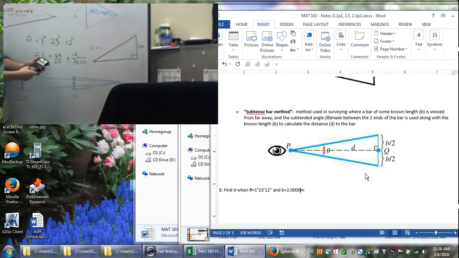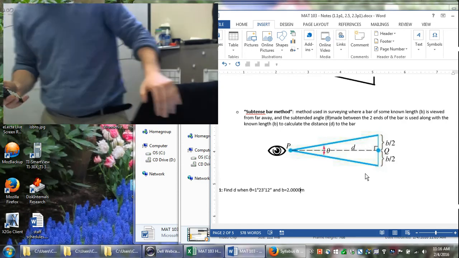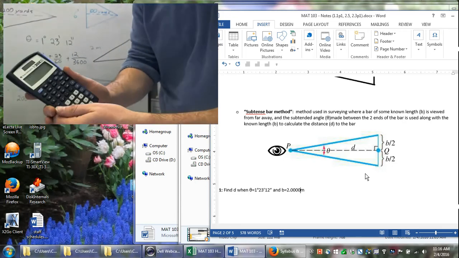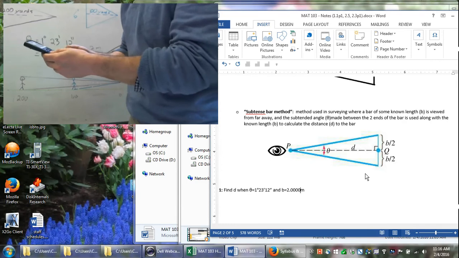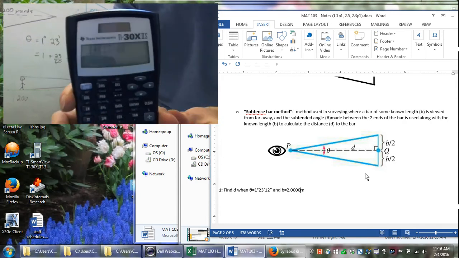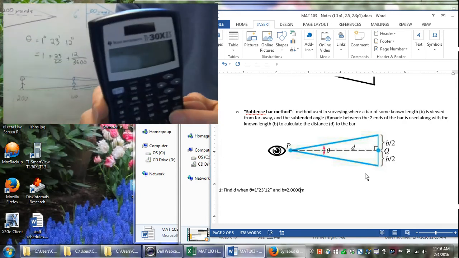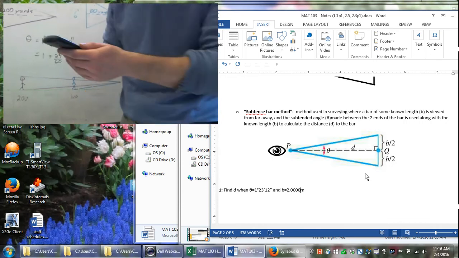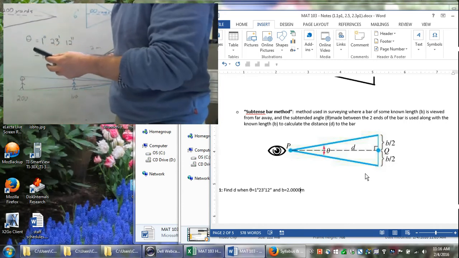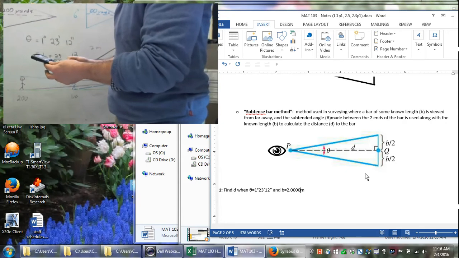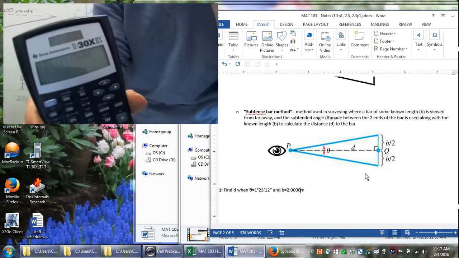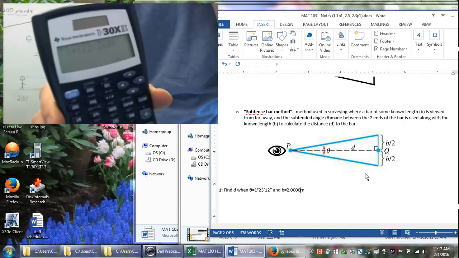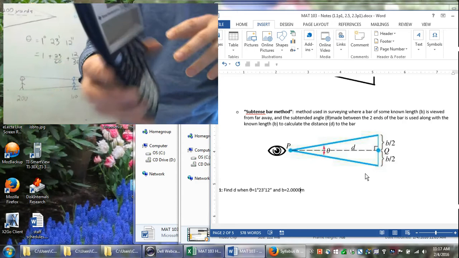The way I've got it written in your notes, I've got it written as 12 divided by 60 times 60. Or you could actually do that calculation first, and I would do that. 60 times 60 is 3,600. The reason I write it as 60 times 60 is I can't remember this number, 3,600, but I do know that there are 60 minutes in a degree, 60 seconds in a minute.